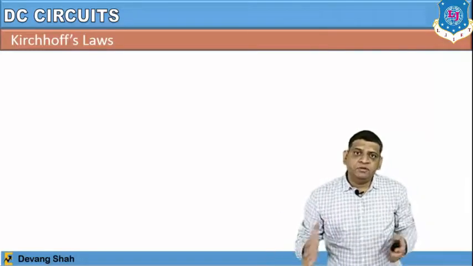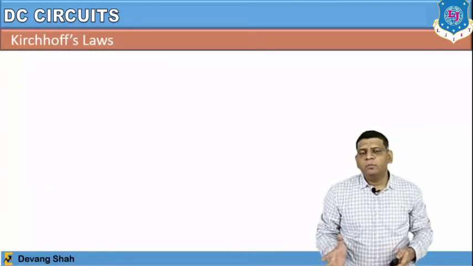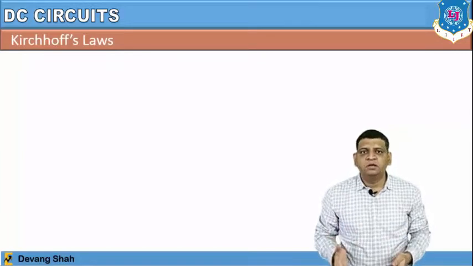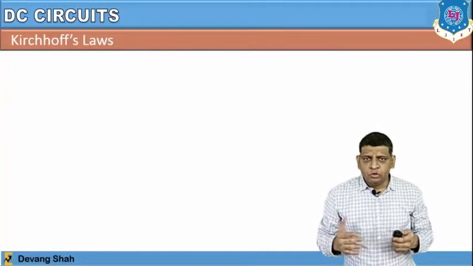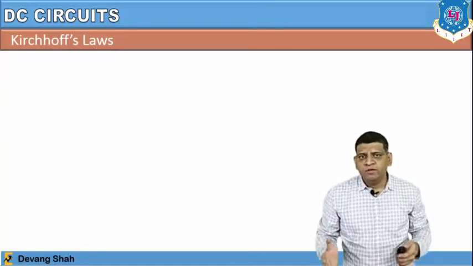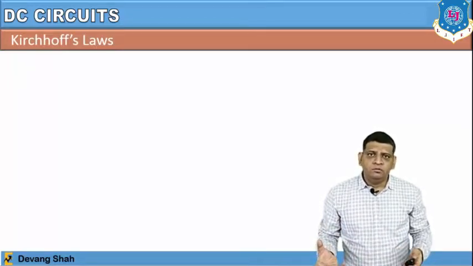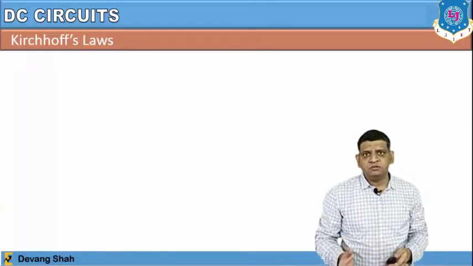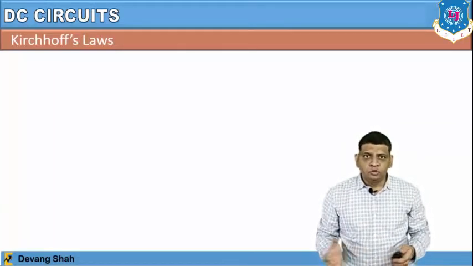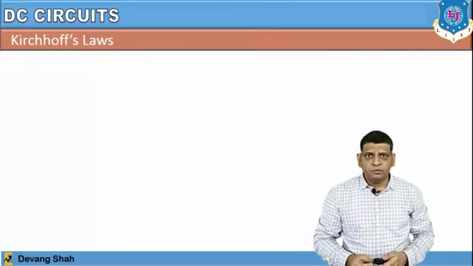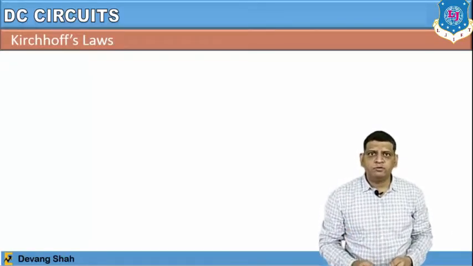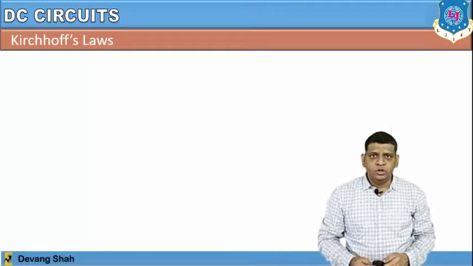In our last session we discussed the basic components of electrical circuits like resistance, inductor and capacitor. We have also discussed Ohm's law, where we found the relation of resistance, voltage and current together, and how they affect the performance or operation of a specific circuit, which we need to understand.